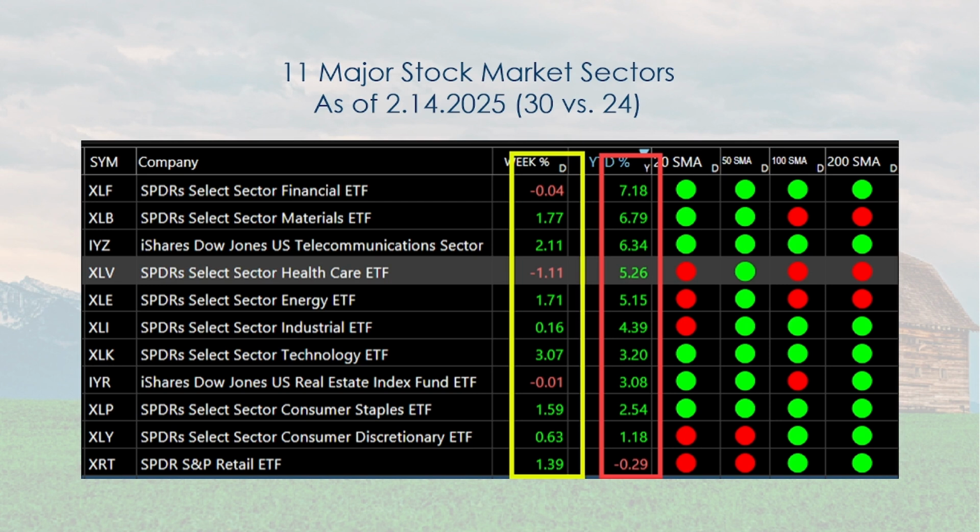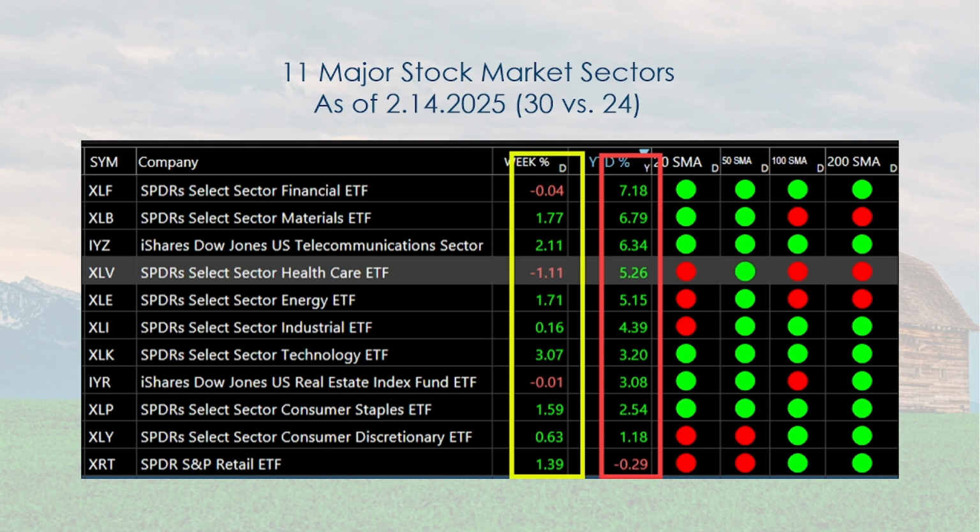The yellow box is last week, and so you can see, just scanning down, that there are 3 of them that are slightly negative, and the rest are positive or slightly positive out of 11. In the pink box, this is year to date, all of them except 1 are positive.